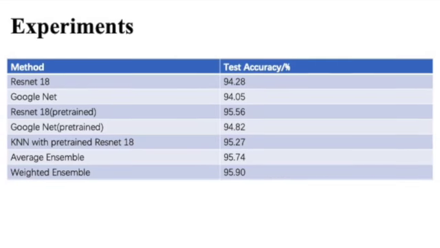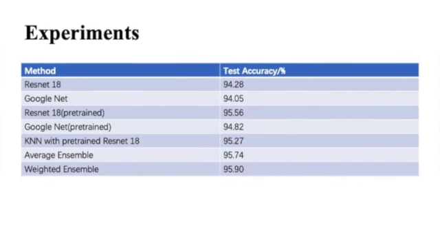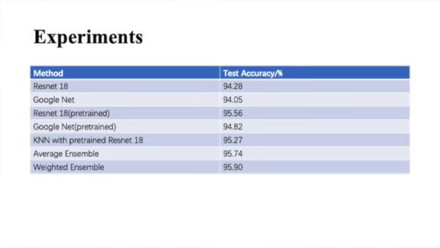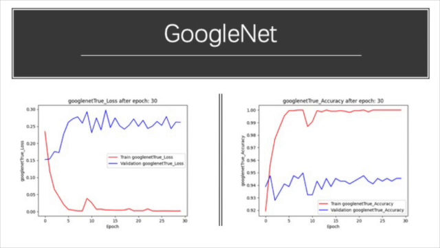The results of different models are as follows. The accuracy of normal images of the training dataset and validation dataset in the GoogleNet training process is shown below, and the loss of normal images is shown.